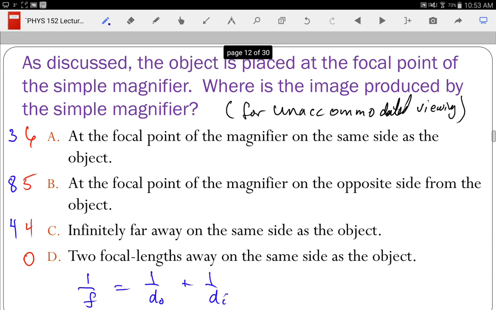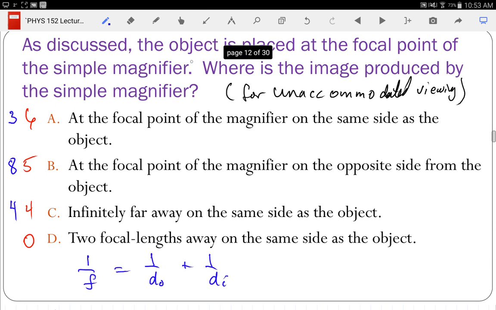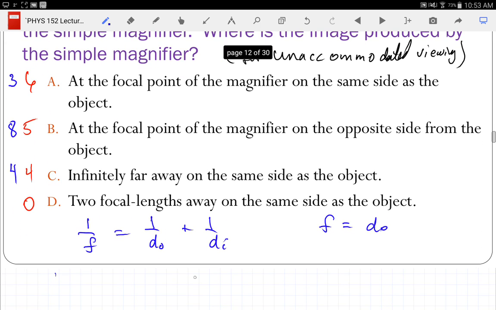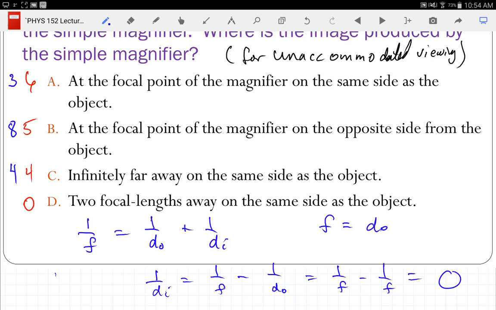And so we set up here that the object is at the focal point, so we have f equals dO. So if I solve this for 1 over distance image, if f is equal to dO, I can just replace that to 1 over f minus 1 over f, or 0.